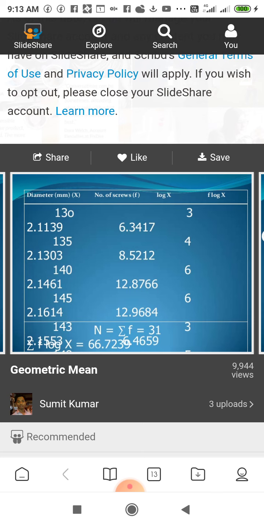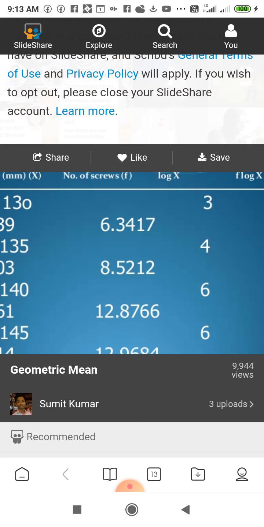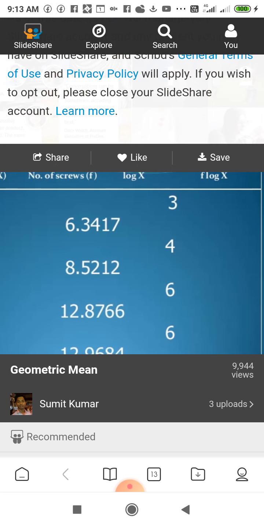Here in one column 130, 135, 140, 145, 143, and the number of corresponding frequency is given here.